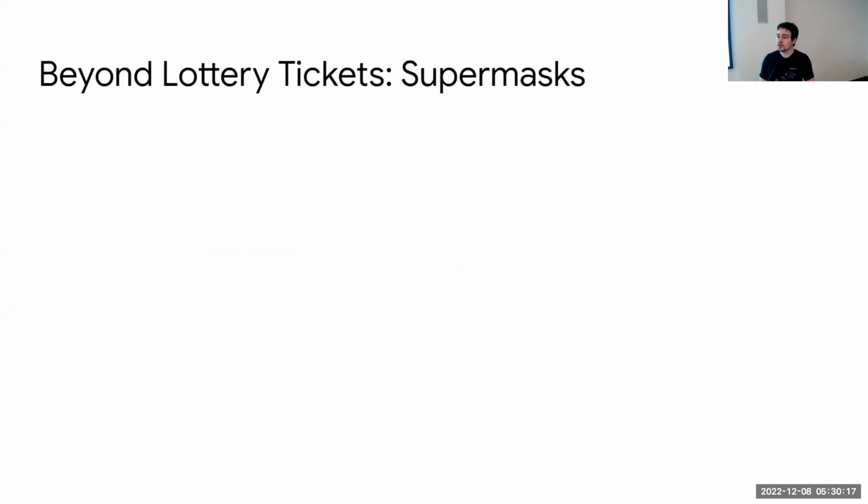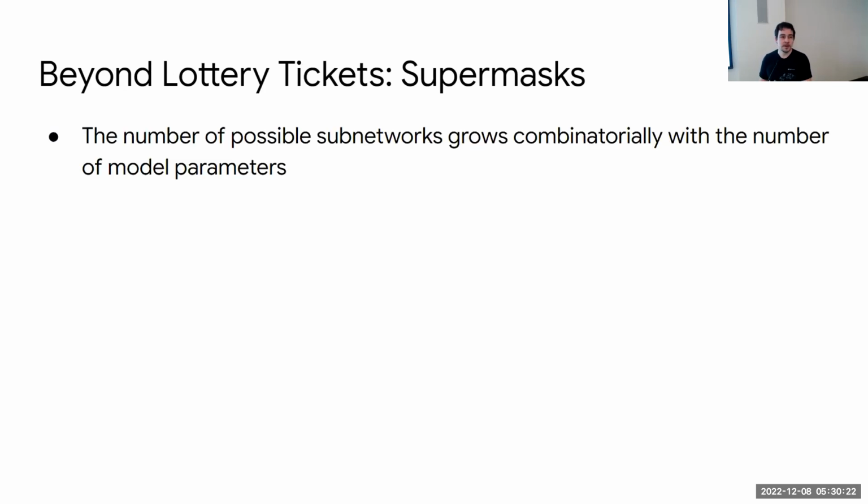So moving beyond lottery tickets, so far we've basically talked about just pruning the model and then retraining the subnetwork, which can allow us to achieve good performance. But if we have a very huge model, the number of possible subnetworks grows almost infinitely, or combinatorially, with the number of parameters of the model.